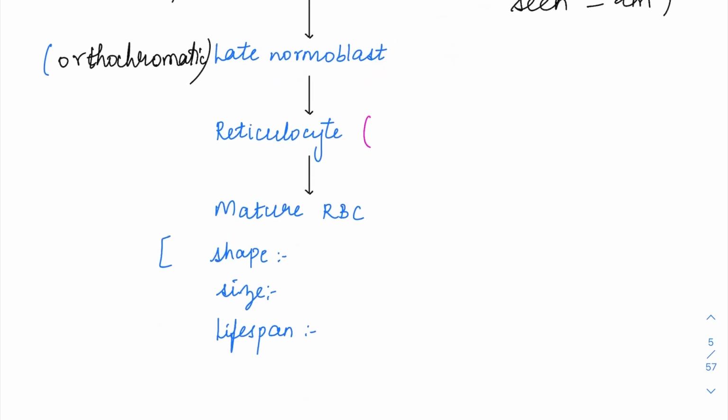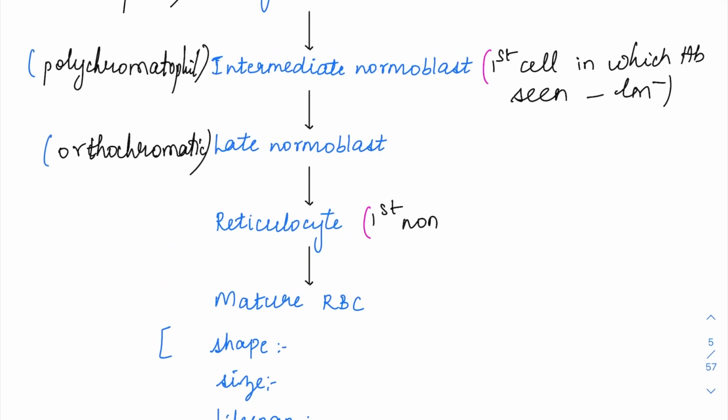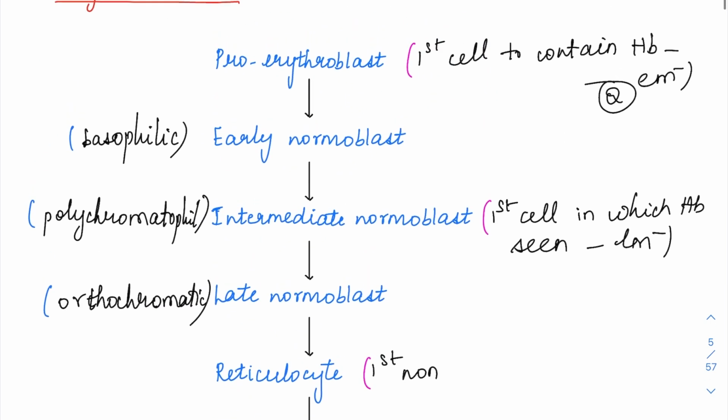Then comes reticulocyte. So reticulocyte is going to be the first non-nucleated cell. So till late normoblast, you are going to have a nucleus. In fact, the nucleus of a pro-erythroblast is quite characteristic. We describe the chromatin of the pro-erythroblast as a sieve-like chromatin. So sieve is the one which we use for filtering the flour, right?